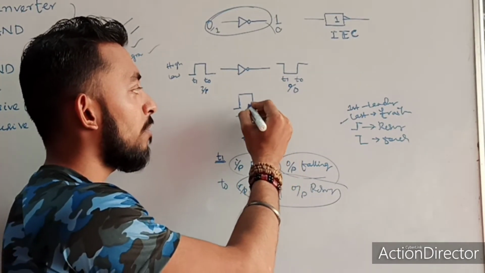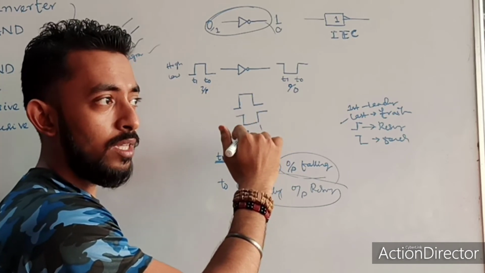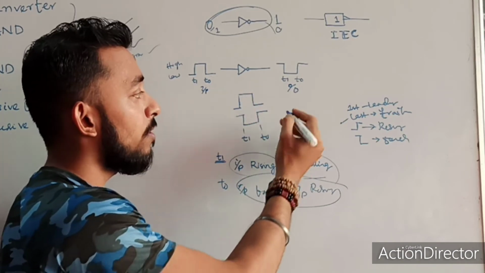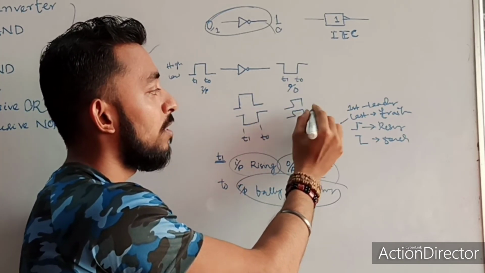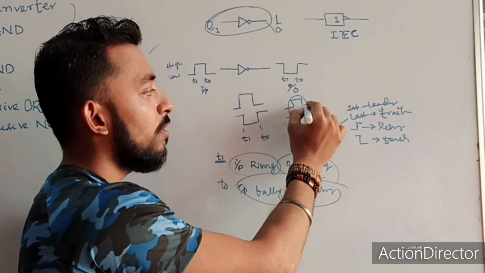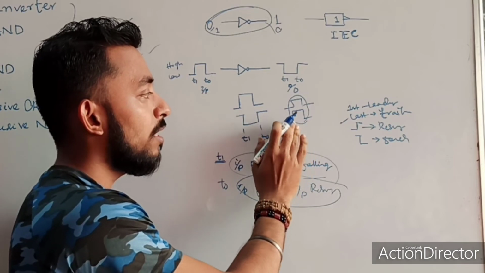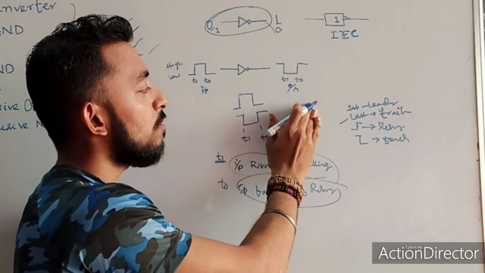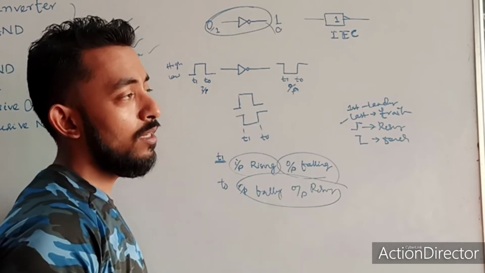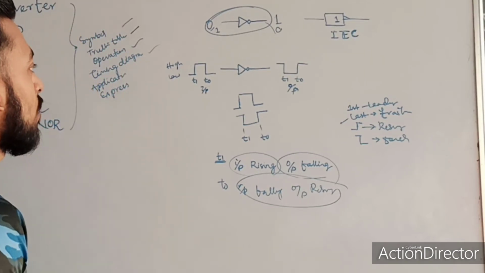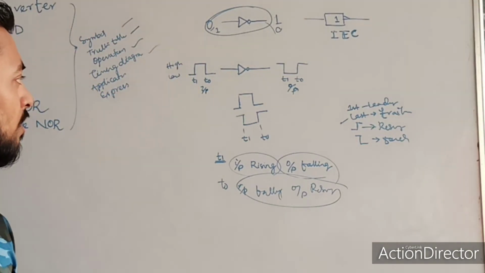Whatever the input is, the output is just the inverse of that signal. At no time will the input and output be the same. Since this is an inverter, it is going to invert my input. So this is the timing diagram.